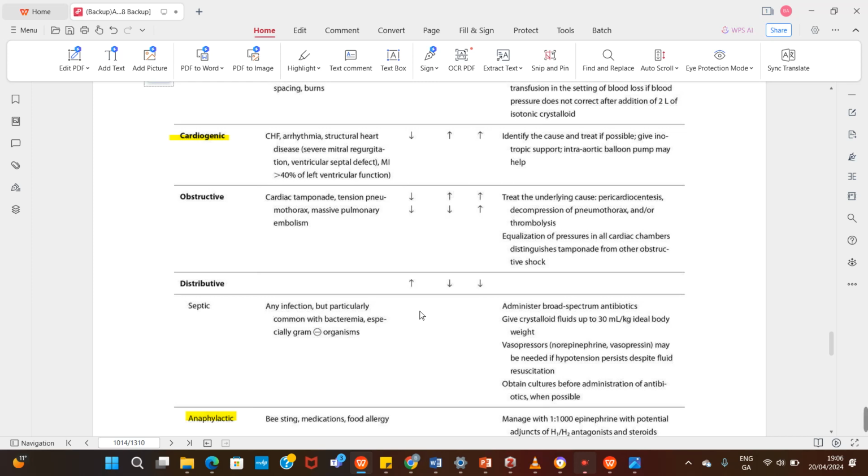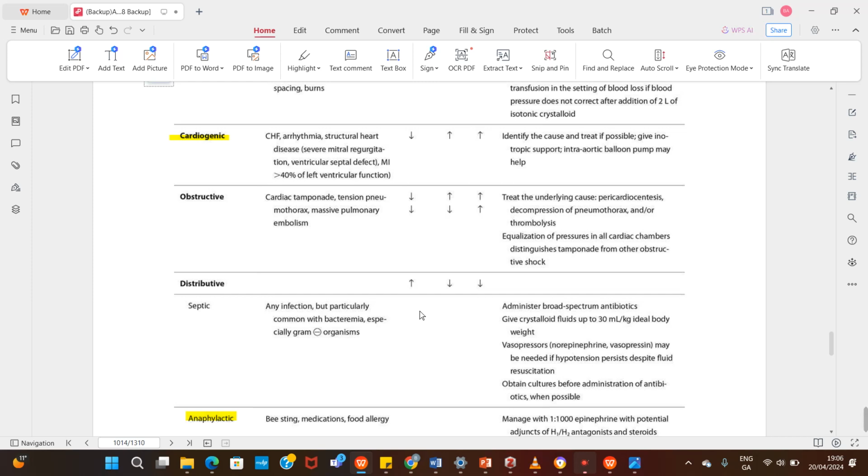And what do you do? You have to give them IV antibiotics and aggressive fluid resuscitation, using about 30 ml per kg of the body weight, with enough broad spectrum antibiotics, after you have taken your culture to know the right antibiotics to give.